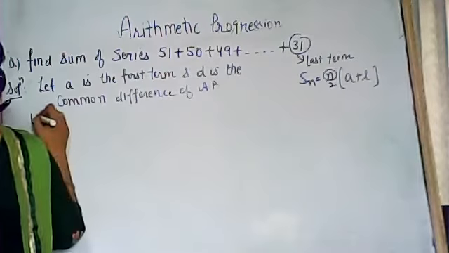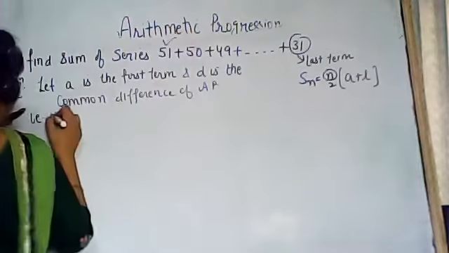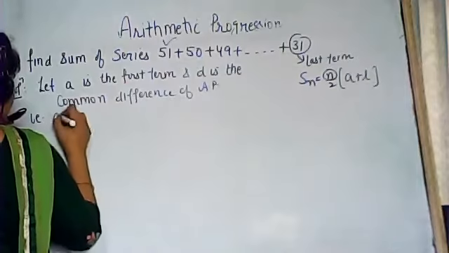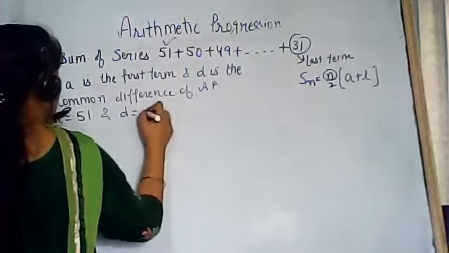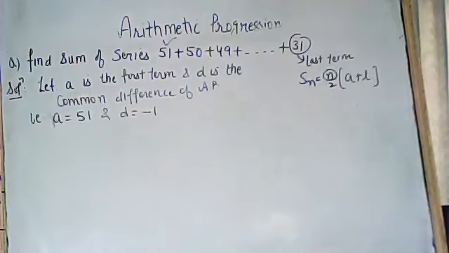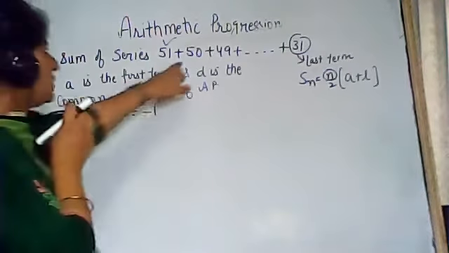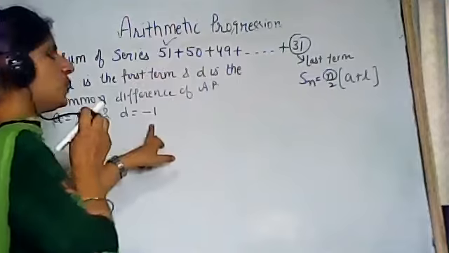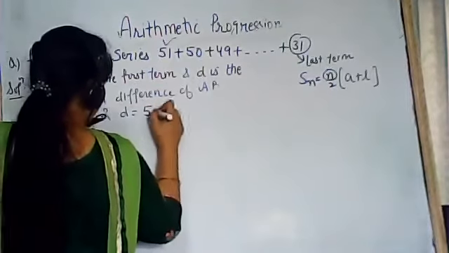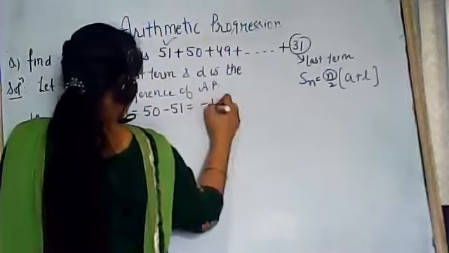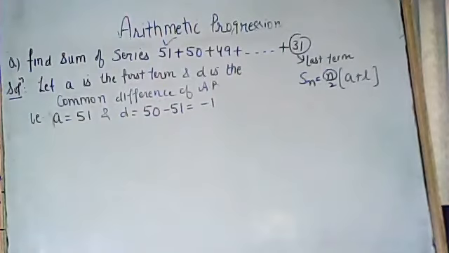What is the value of A? A equals 51. And what is the value of D? Second term minus first term: 50 minus 51 equals -1.